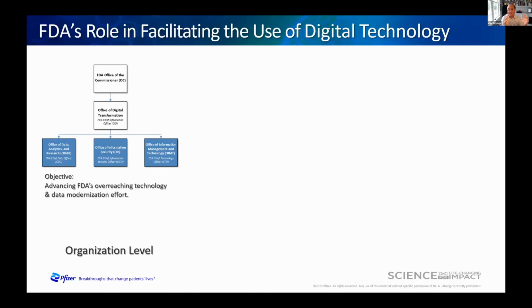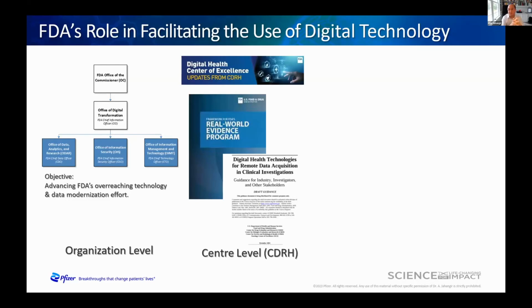And ODT sits in the FDA Office of the Commissioner that encompasses the agency's information technology, data management, and cybersecurity. At the center level, FDA's Center for Devices and Radiological Health, CDRH, launched a Digital Health Center of Excellence to help coordinate digital health projects at CDRH and enhance the coordination of other agency centers.